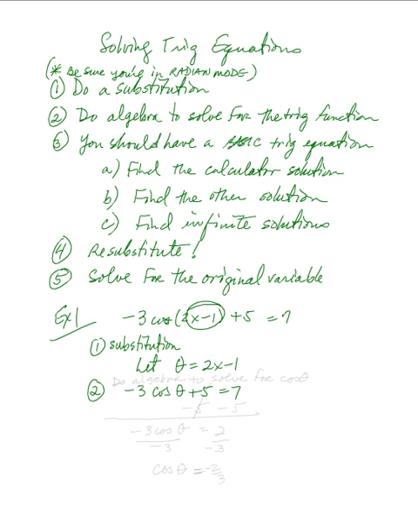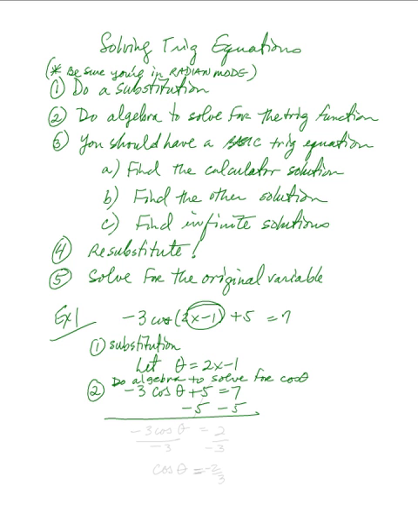So now that's what I call a simple angle. And here you're ready to do the algebra to solve for cosine theta. So what I want to do is subtract 5 from both sides.